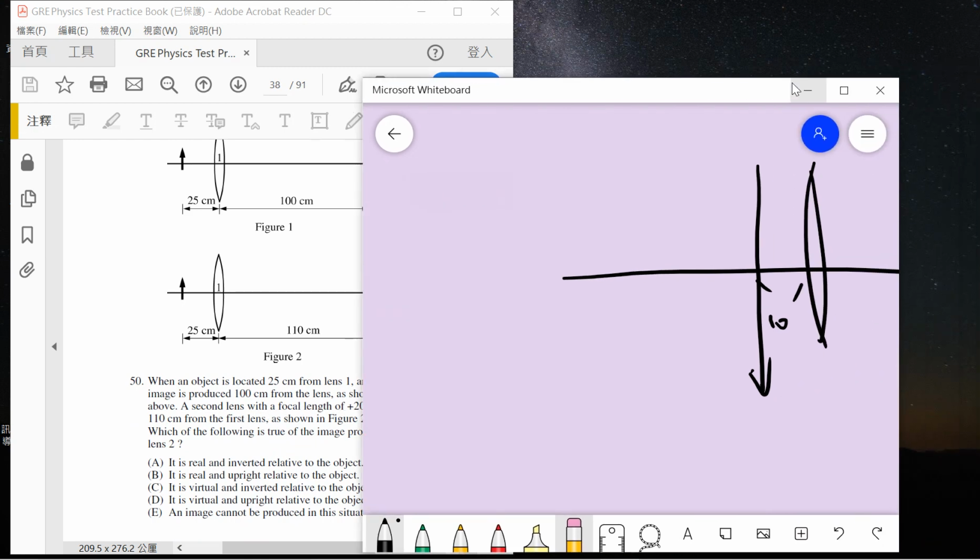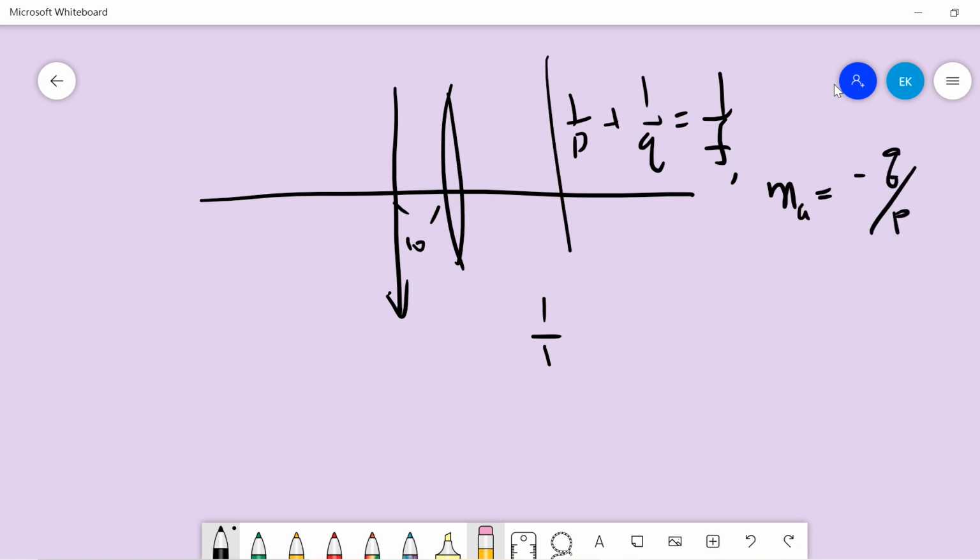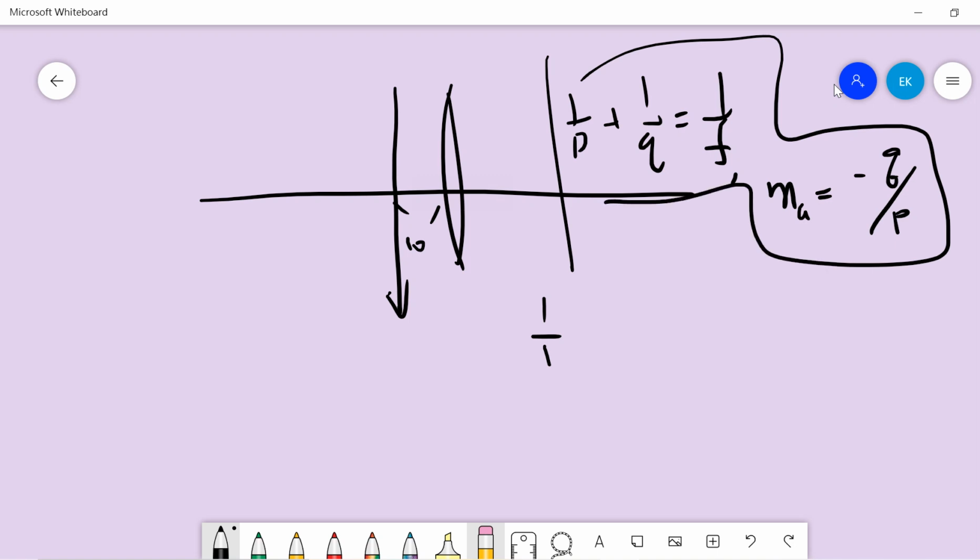Okay, so we can use the formula 1 over p plus 1 over q is 1 over f, and then there's a formula saying that the magnification is basically minus q divided by p. This one is important, we will use it. So 1 over 10 plus 1 over q equals 1 over 20, so q equals minus 20.